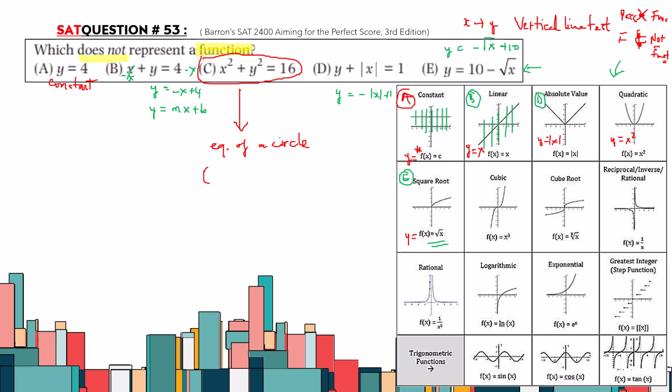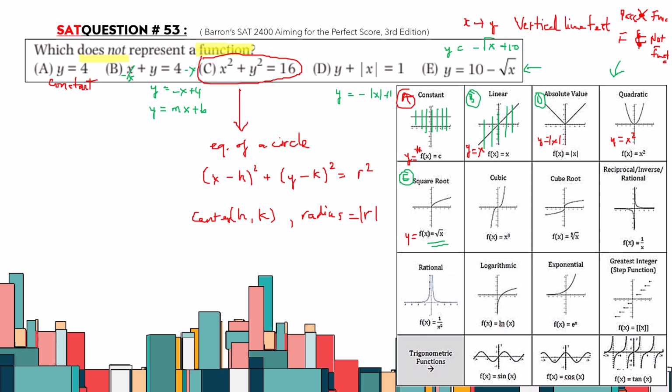It looks like x minus h squared plus y minus k squared equals r squared. The point h, k is the center, and r is the radius. It has to be positive, because the radius is a length and never negative.